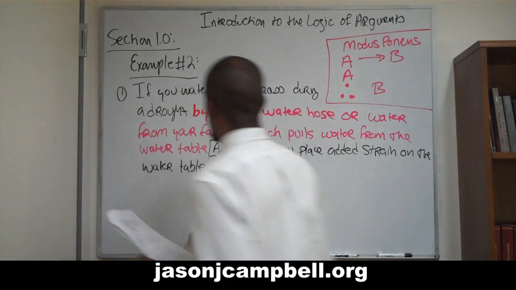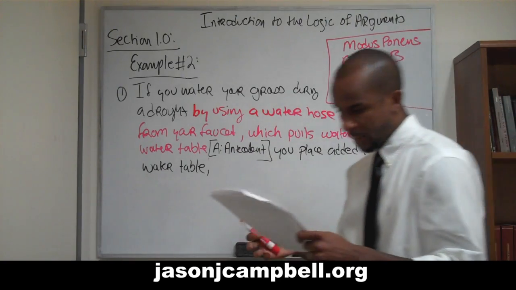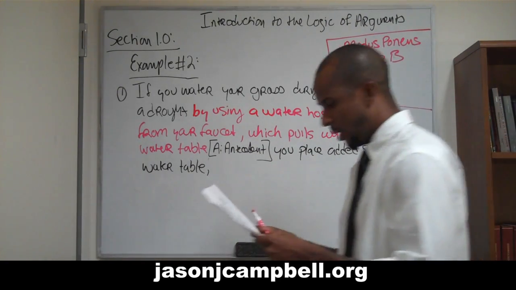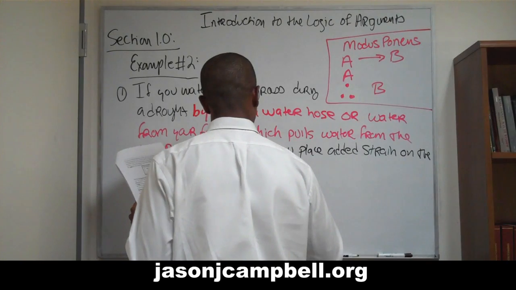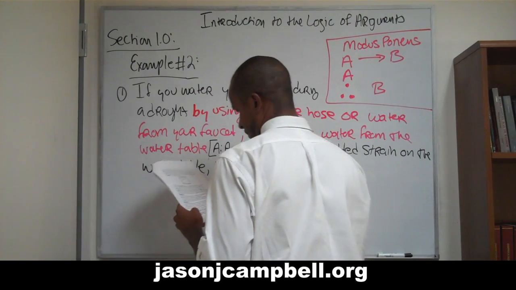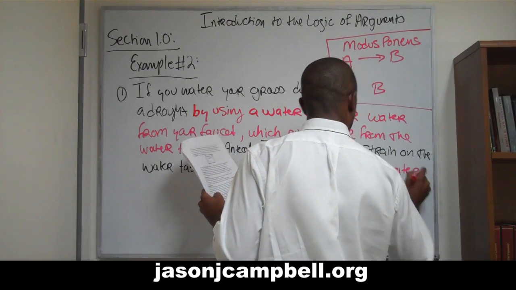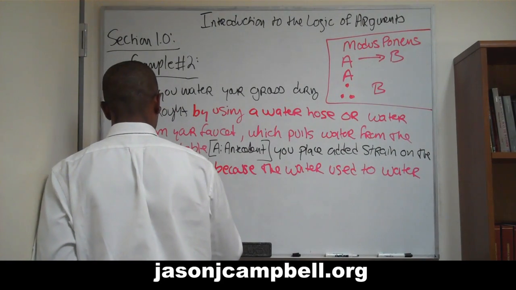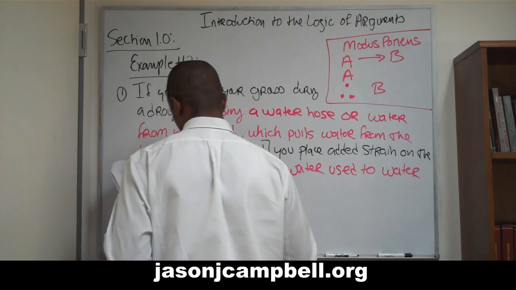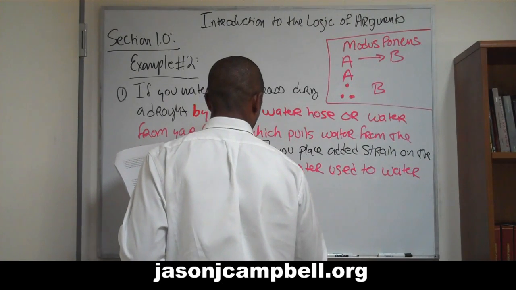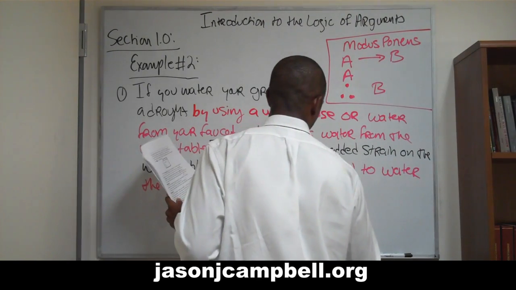The new content that I'm adding to expand in number 2, however, maintaining the same form, is water table, because the water used to water the grass is derived from the water table.